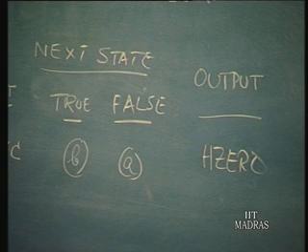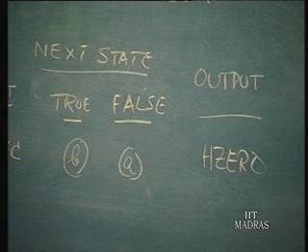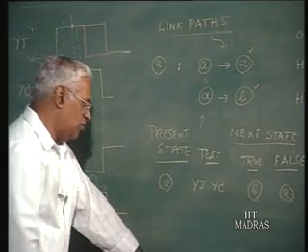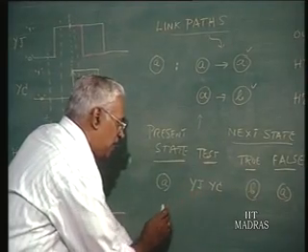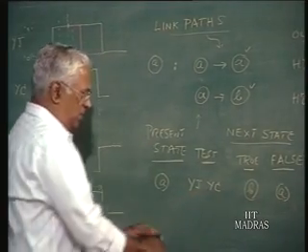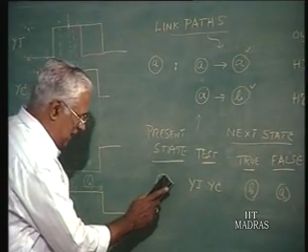The same thing I can put in a slightly different form. That is, I can say the system has three inputs, Yj, Yc and Yk. Or I'll do it for the present state A. Okay.